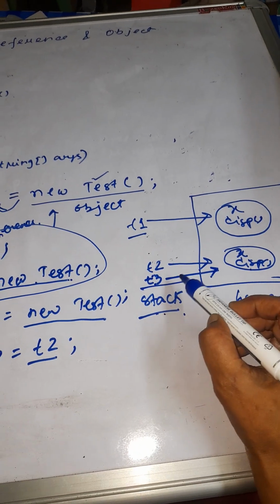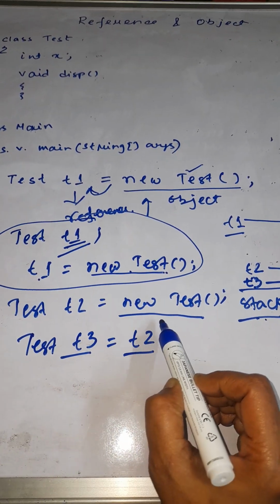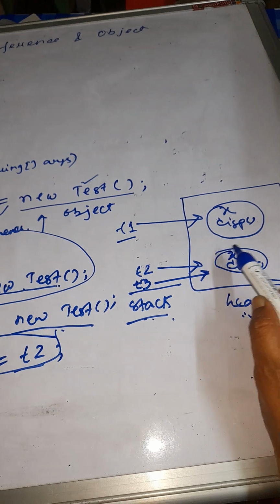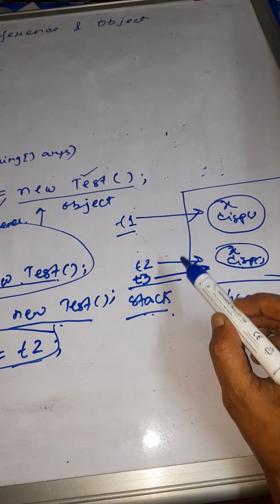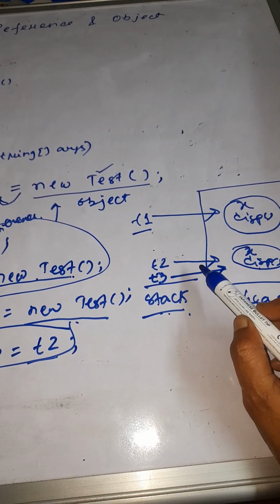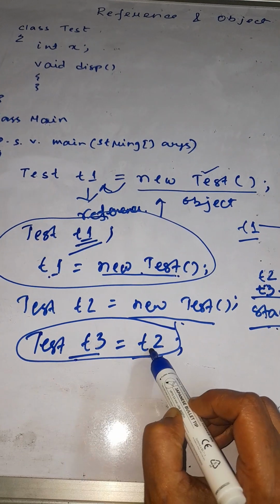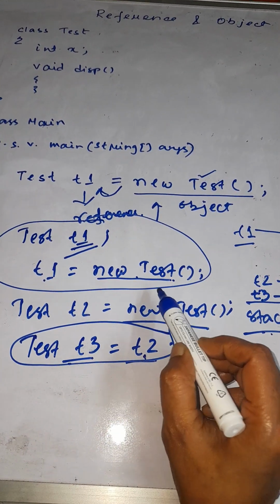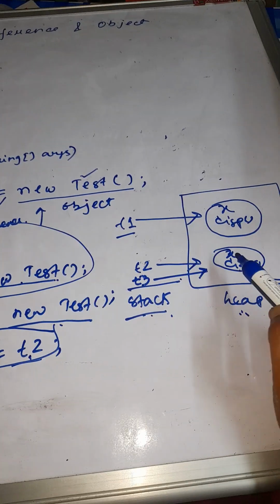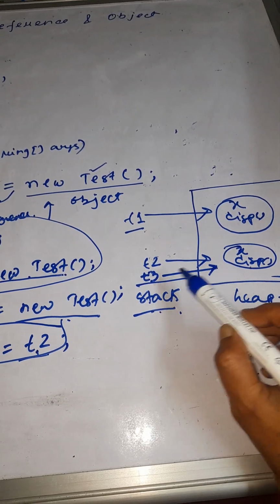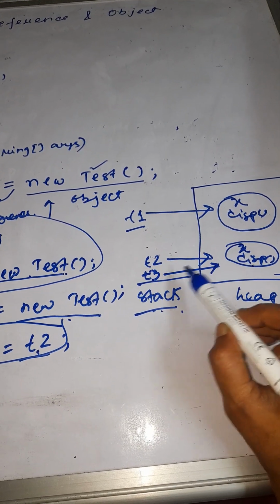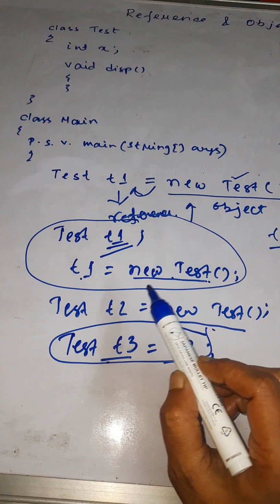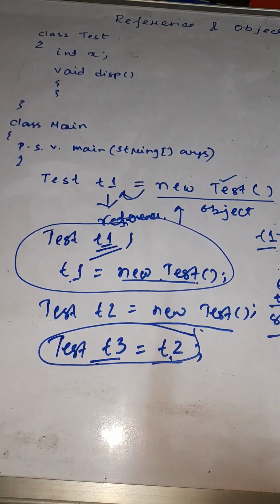Both t3 and t2 will store the address of this object, so both addresses will be the same. So t3 and t2 are different reference variables, but both store the same address. Clear? t2 and t3 are pointing to the same object. Clear? So that is the concept of the reference and the concept of the object.